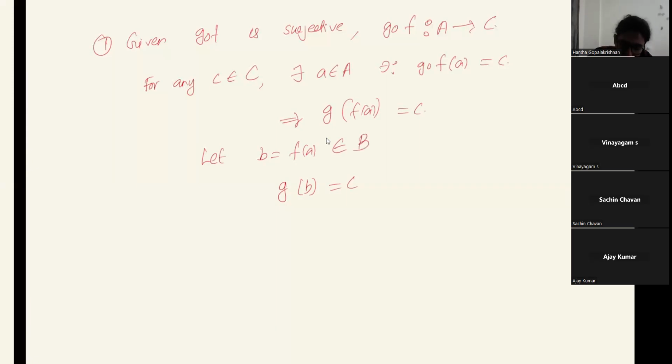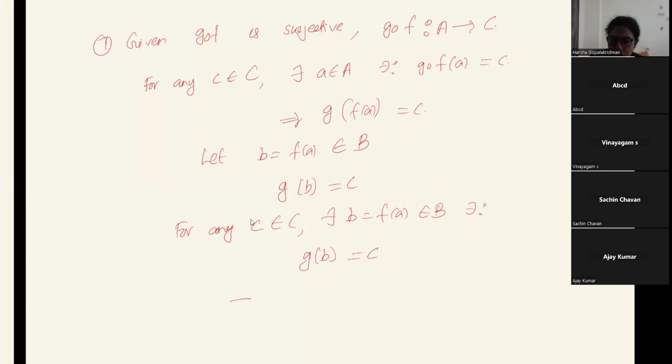So what we are getting here is, we started with some C. For any C in C, we got a B, B equal to F of A in B, such that G of B equals C. That implies G is onto or surjective.